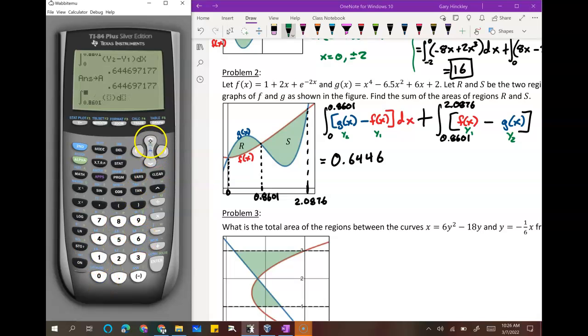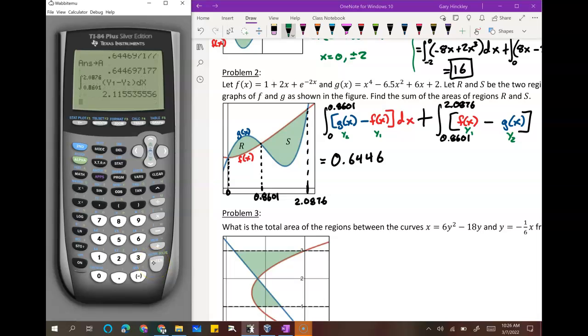So that's going to be 0.8601 and then 2.0876. And again, so I don't have to type everything in, I'm just going to do y1 minus y2 this time. And don't forget to put the dx.